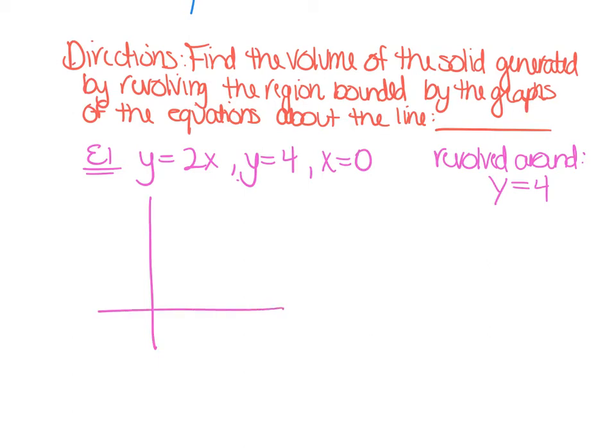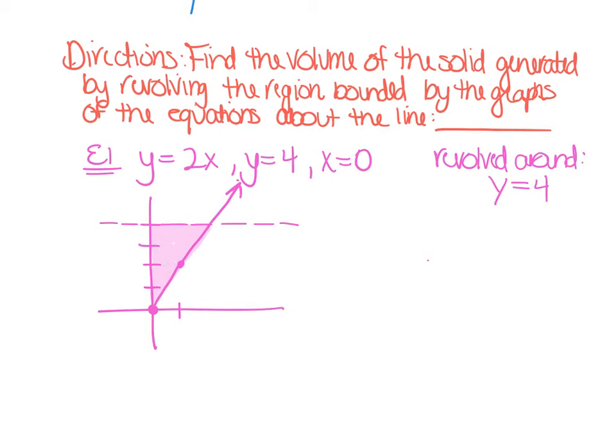So y equals 2x is just a line with a slope of 2. It's bounded by the region y equals 4, and the vertical line x equals 0, which is our y-axis. So with those three functions, you can see we get this region right here, okay?